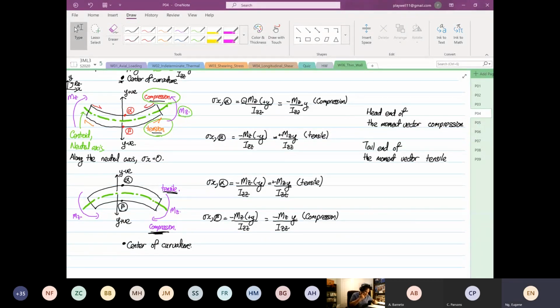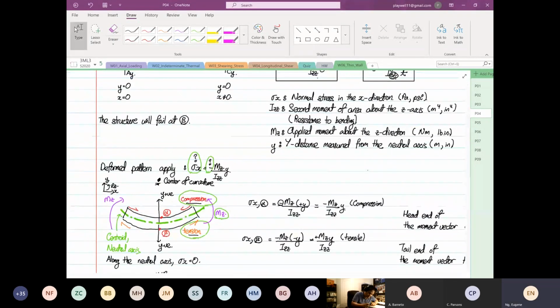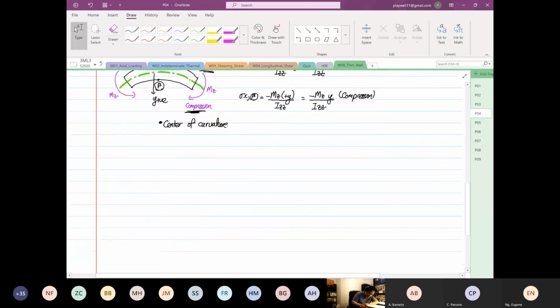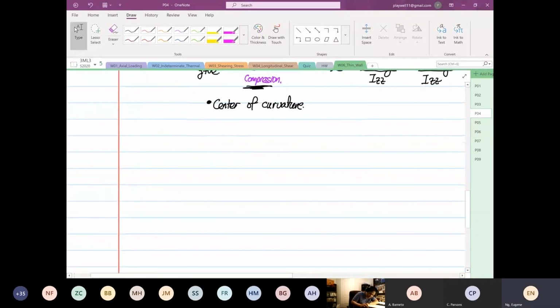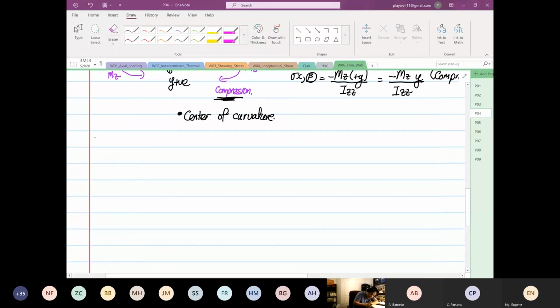So the next question is, remember, I put this stress x. Where is the orientation of the stress x?